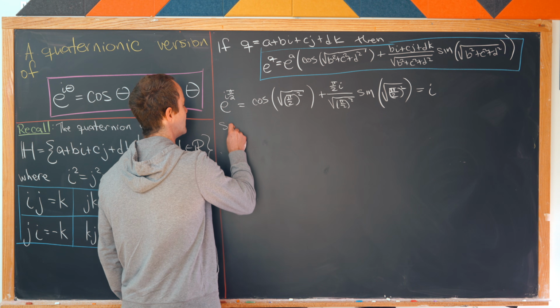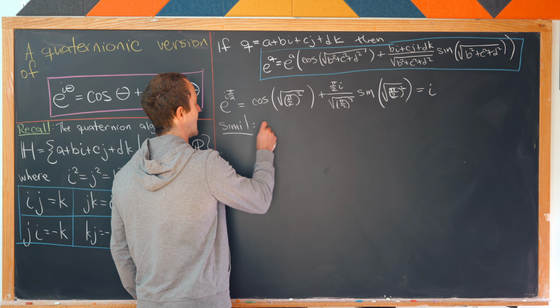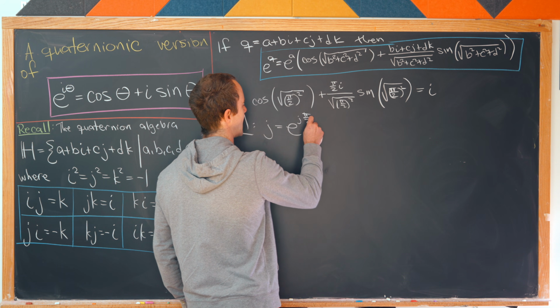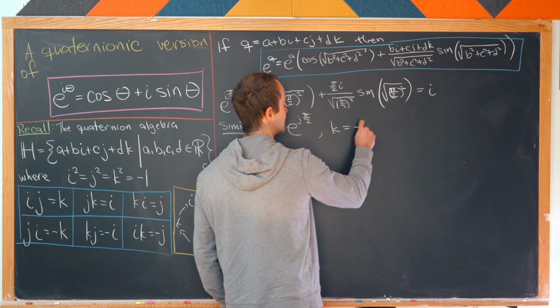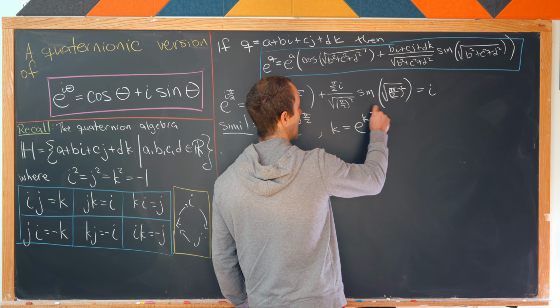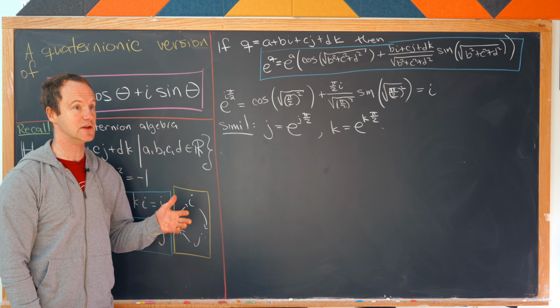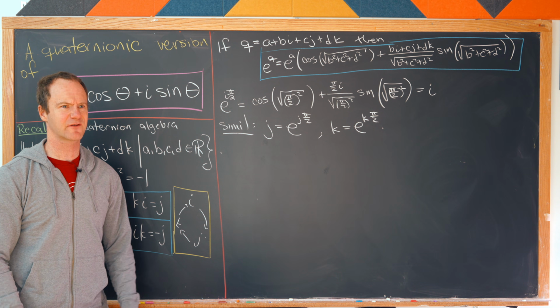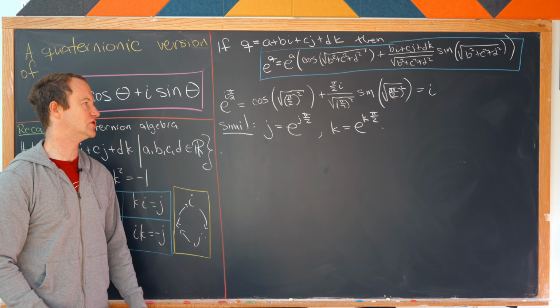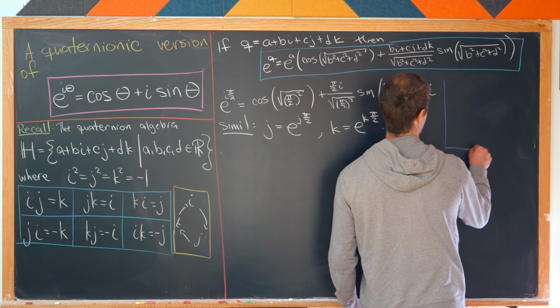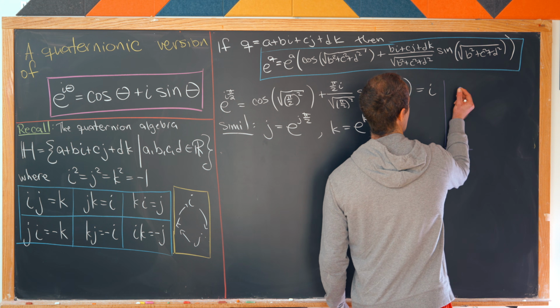And very similarly, j is equal to e to the j times pi over 2, and k is also equal to e to the k times pi over 2. These three things together can be used to do a quaternionic version of a really famous YouTube math problem. That problem is, what is I to the I?